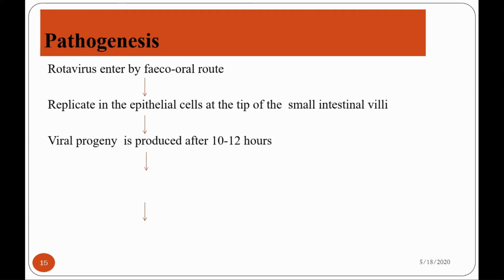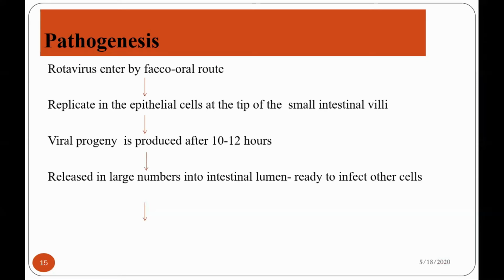After replication, these rotaviruses produce their viral progeny within 10 to 12 hours. After producing their progeny, the rotaviruses are released into the lumen of the small intestine, where these daughter viral progeny invade other neighboring cells of the small intestine.